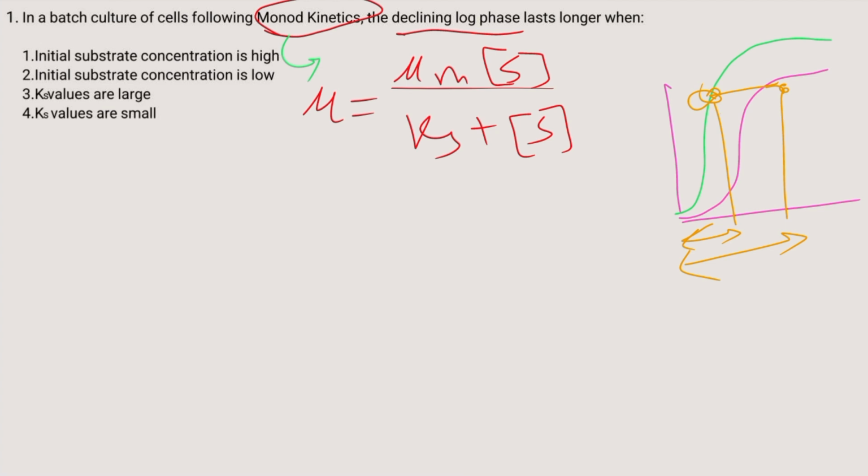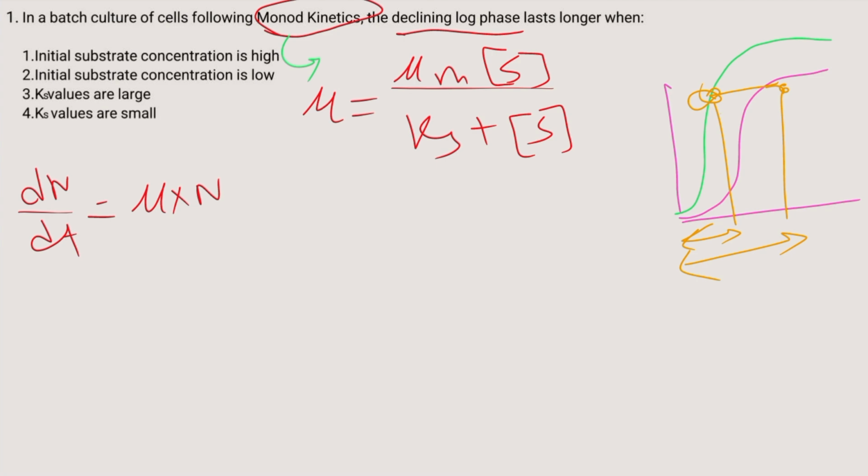So what is the mu? Mu is the specific growth rate, and from the definition you can get that dN by dt equals mu into N, the number of cells at that specific time. Here dN is the change in the number of cells.